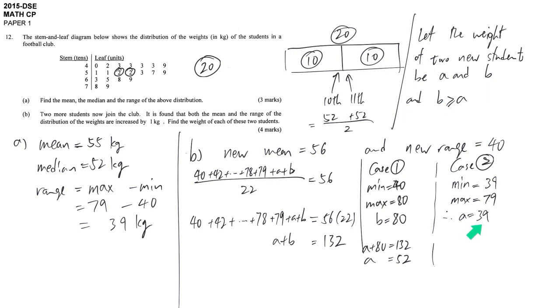And then we also try to find the corresponding value of B. 39 plus B is equal to 132. So B is equal to 93.